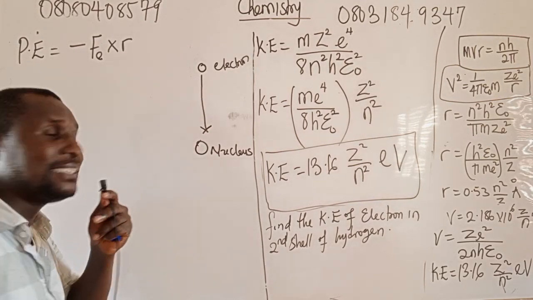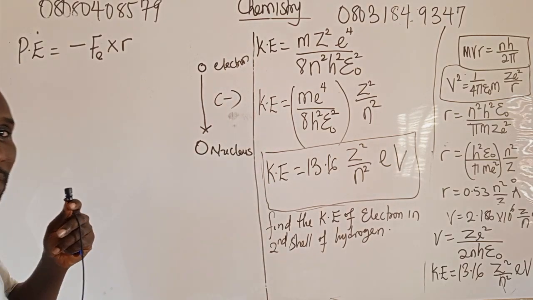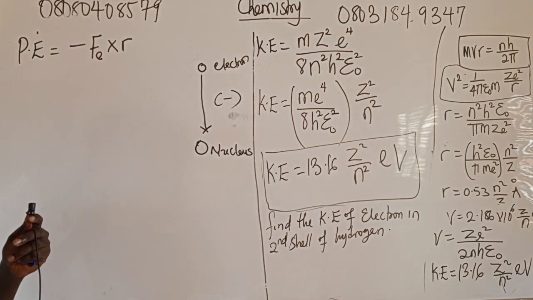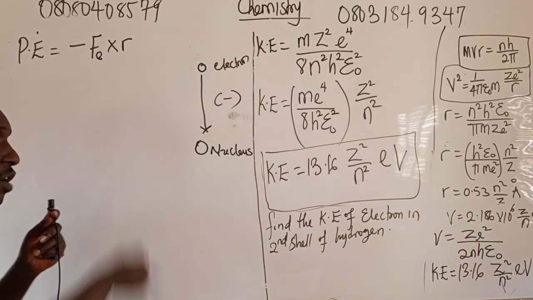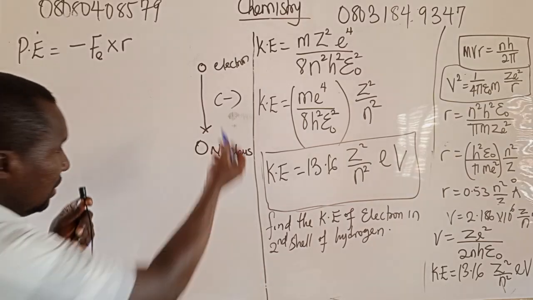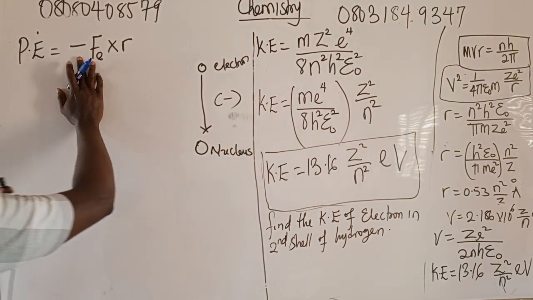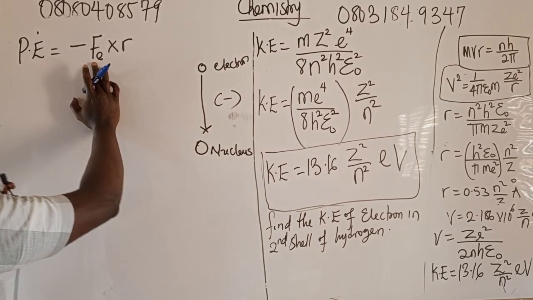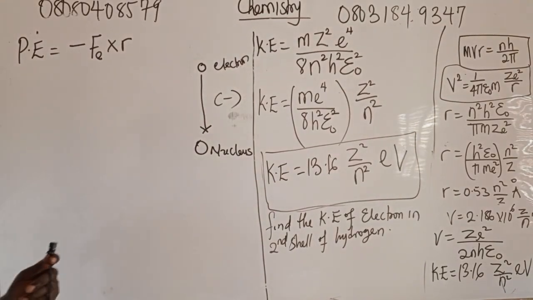Since it decreases in energy, we put a negative sign. Take note, negative sign. As it is falling towards the nucleus, the energy is decreasing, so we put a negative sign. That's why we have potential energy equal to minus electrostatic force times the radius of the electron.